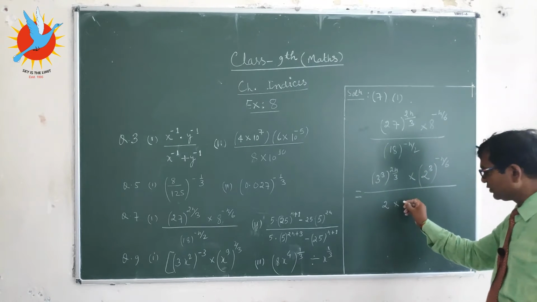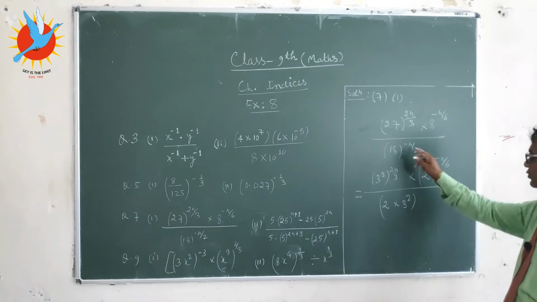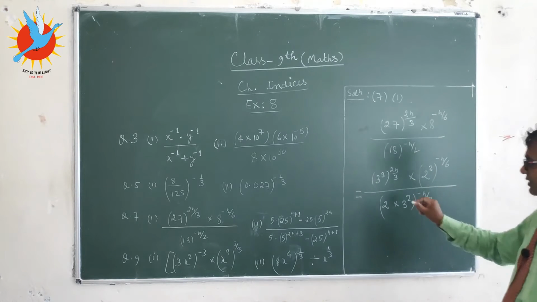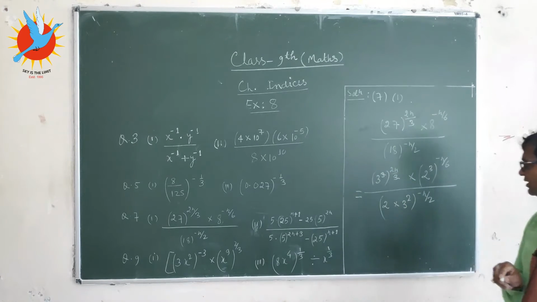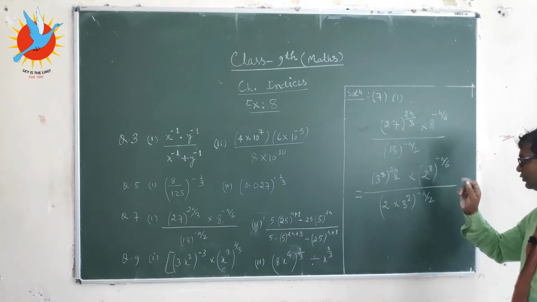Therefore this 18 becomes 3 into 2 into 3 square to the power minus n by 2. This 3 and 3 would be cancelled out. Now divide this 6 by 3, we have here 2.